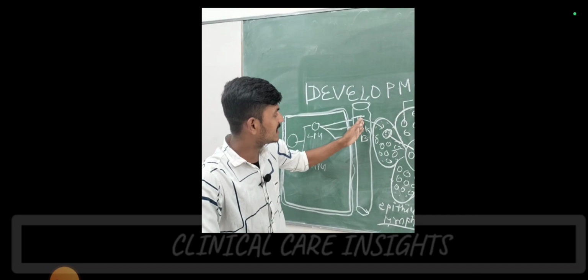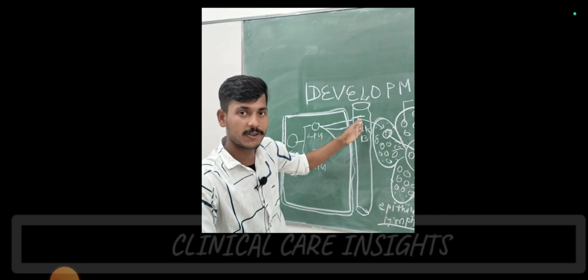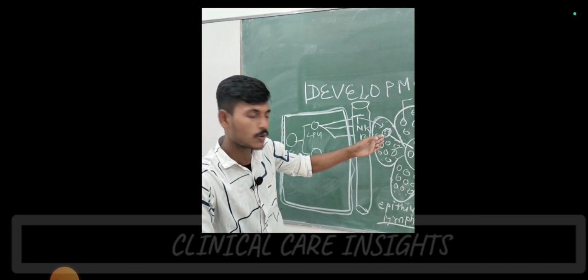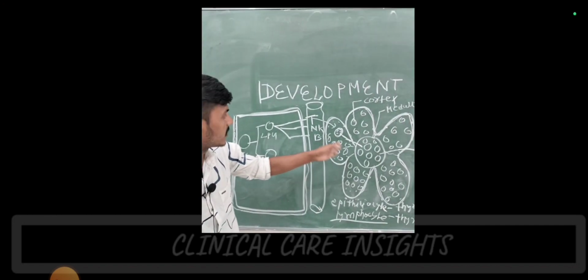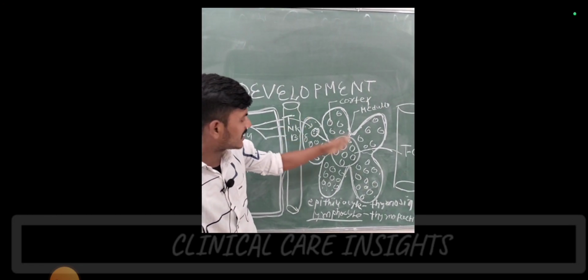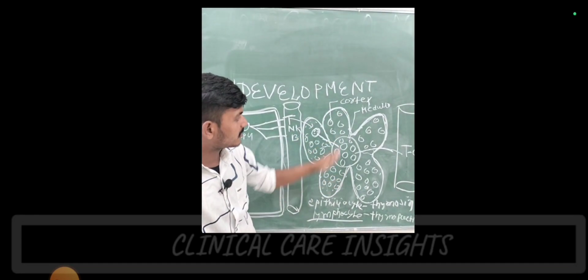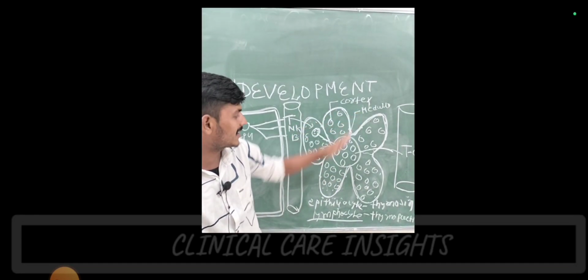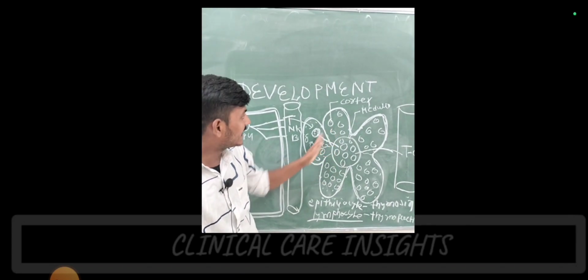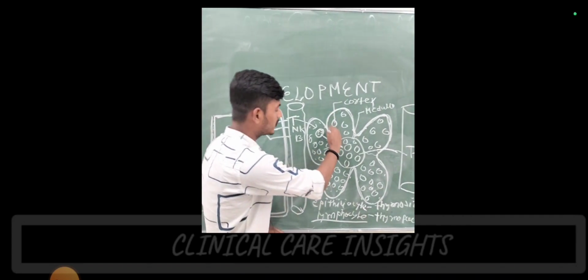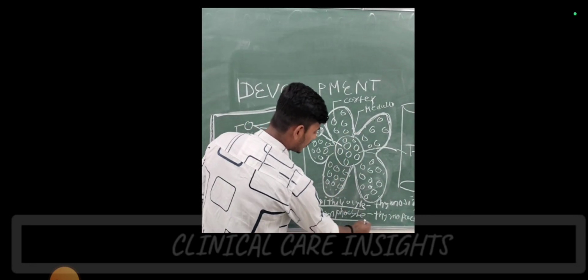Okay, now this newly formed T lymphocyte has to mature in order to destroy the microbes, and develop some specialized structures. For that purpose, these T lymphocytes migrate into the thymus. In the thymus, there are two parts. The outermost part is called the cortex, the innermost part is called the medulla, and the cortex is lined by some cells. The first cell is called the epitheliocyte, and the other is called the lymphocyte.